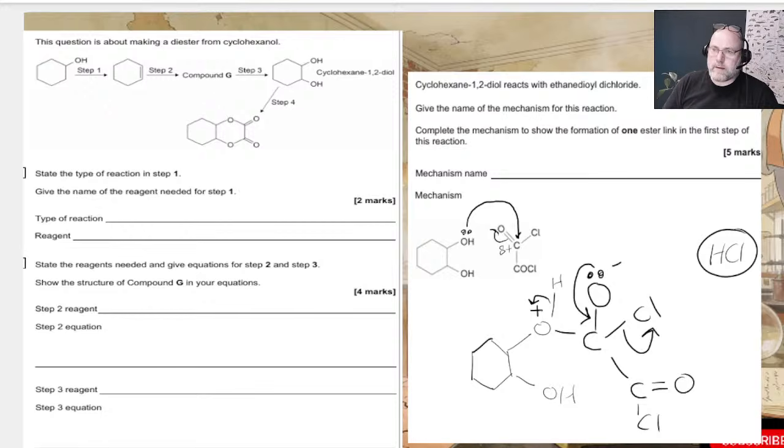Apparently 12% of the entire paper's marks will be on orders of reaction and rate equations, and the rate determining step. Arrhenius equation is expected to feature.